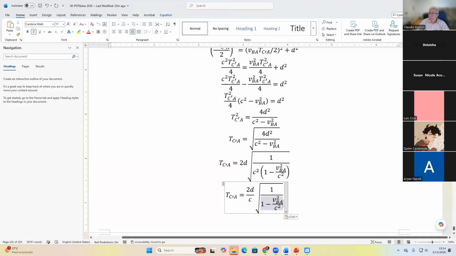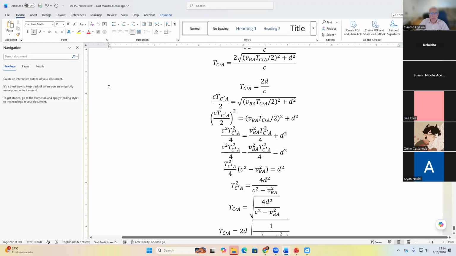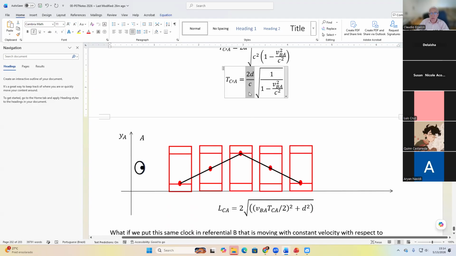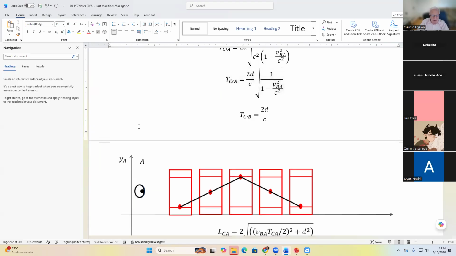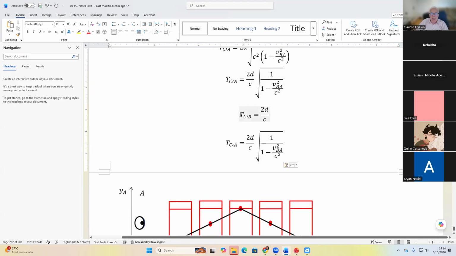Now we must recognize something here. We must recognize that 2D over C is the period of the clock as measured by an observer in referential B, right? So here you go. We can place it right in here. And we have this fancy square root, which, by the way, shows up very frequently in relativity, this term here.